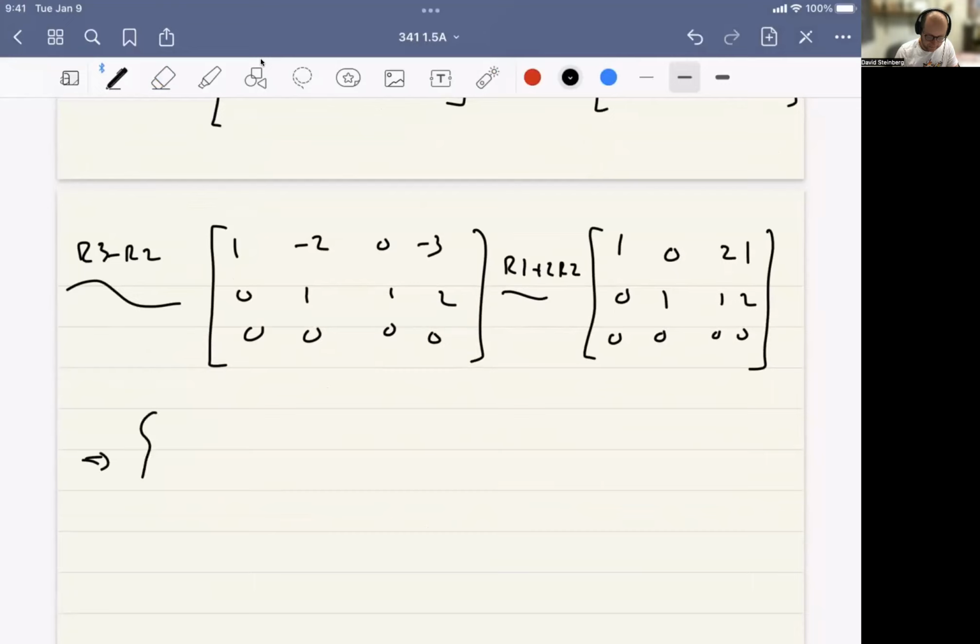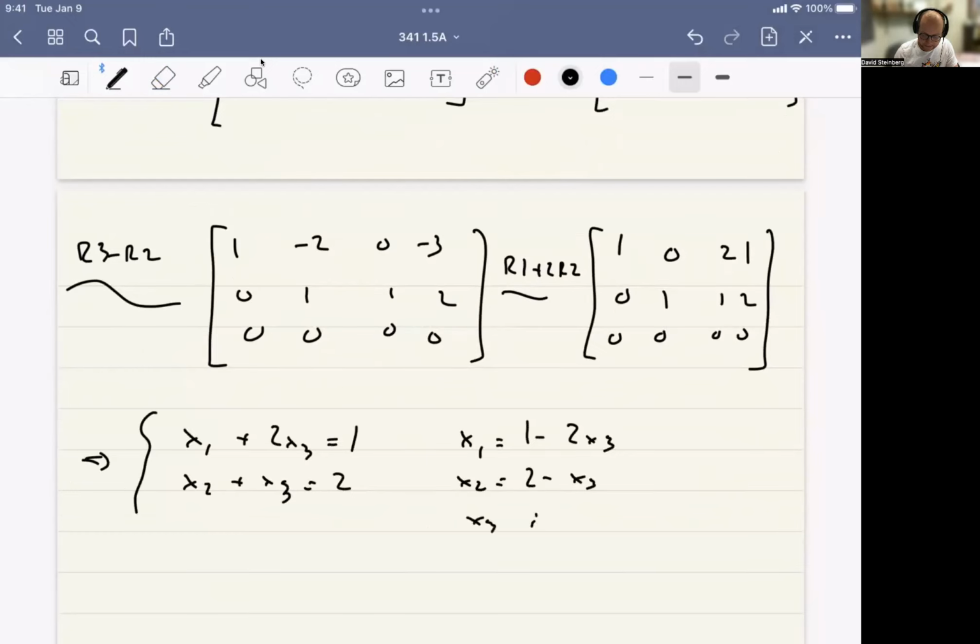So we get now the system x1 plus 2x3 is equal to 1. x2 plus x3 is equal to 2. And x3 is free still. So x1 is just 1 minus 2x3. x2 is 2 minus x3.